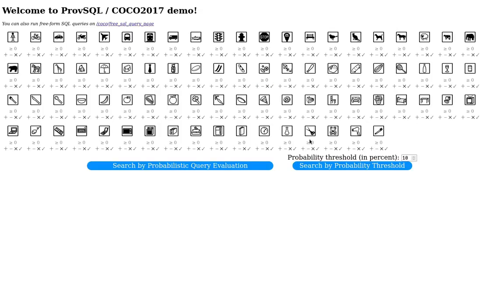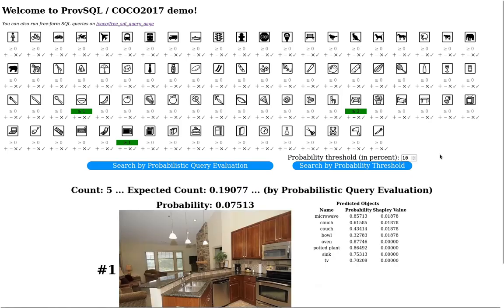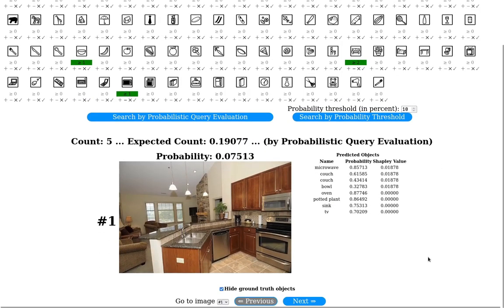So to conclude, let's look for another example with a picture with 2 couches, 1, 2, with a microwave oven, with a ball. So let's search by probabilistic query evaluation and see what results we obtain. So here the top result is indeed correct.